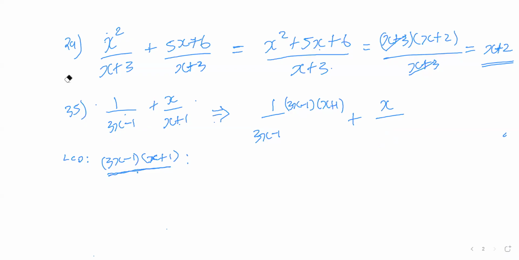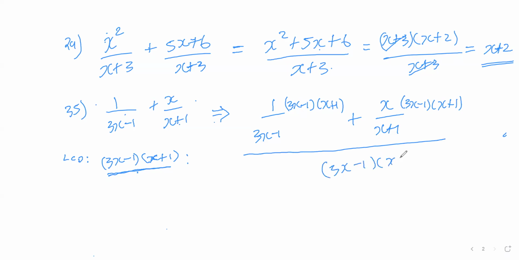Denominators are not the same. Multiply each term by the common denominator, 3x minus 1 times x plus 1, and then divide everything by your LCD times x plus 1. Okay, once you've done that, you'll see that some of the factors are going to cancel out. All right, this factor will cancel with this one. Let me just remove this.